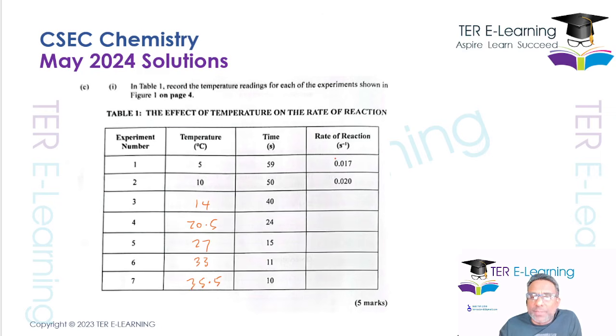Then we want the rate. To find rate, when you have an experiment like this, rate is simply found by working out 1 over t, 1 over your time. And you can double check: if you take 1 divided by 59, you'll get 0.017. So we're going to take 1 divided by 40, and you're going to get 0.025.